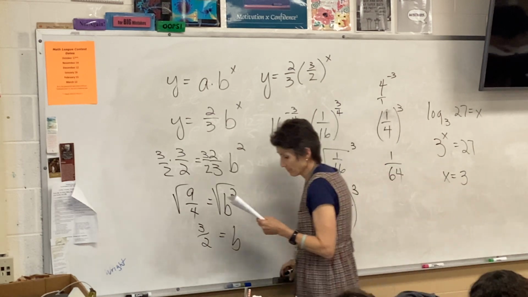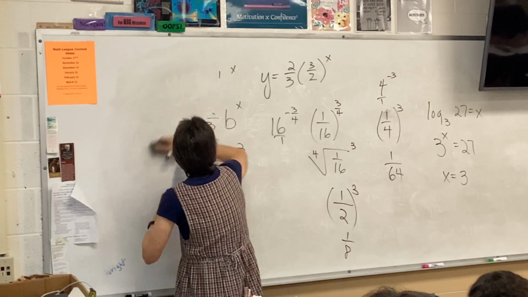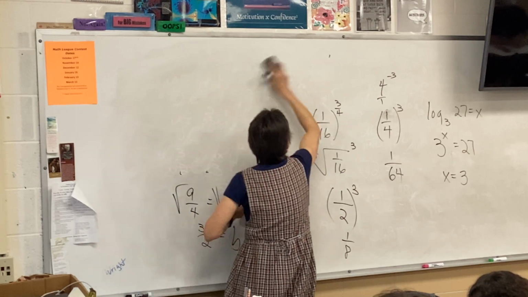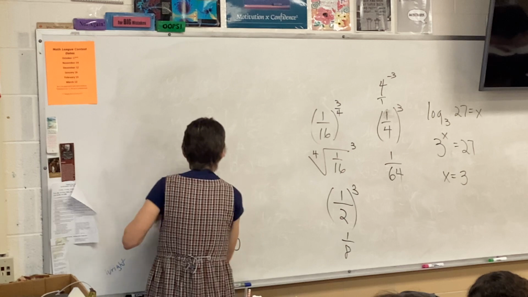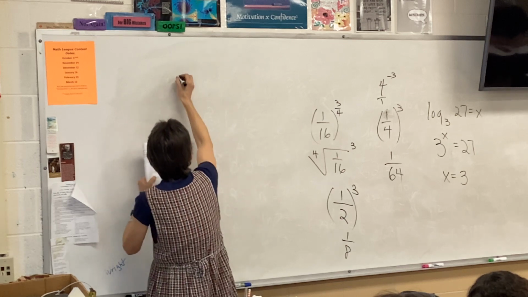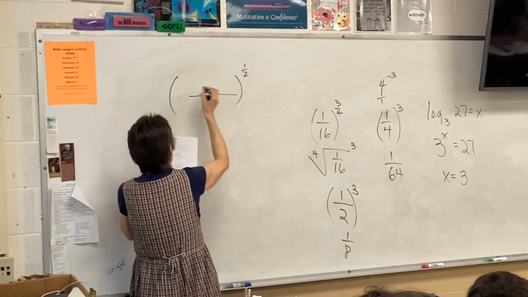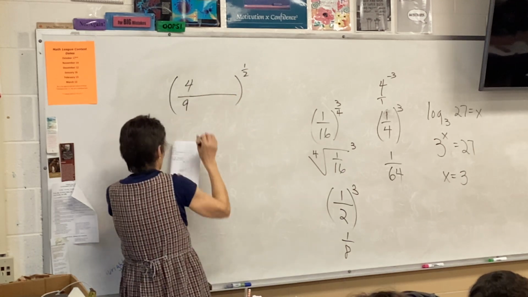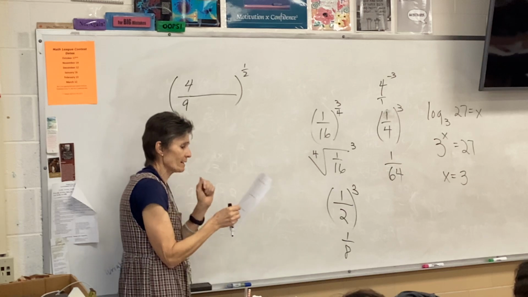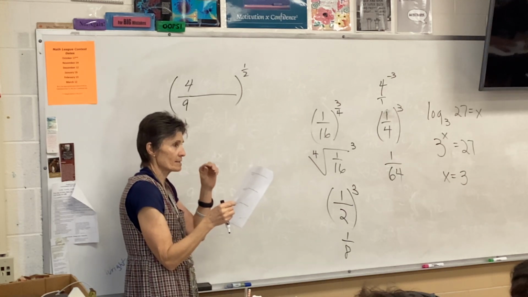All right. F. Let's work on the inside first. What can I do to the inside? Well, nothing with the 4 and the 9. How about my X's? What's happening with my X's?